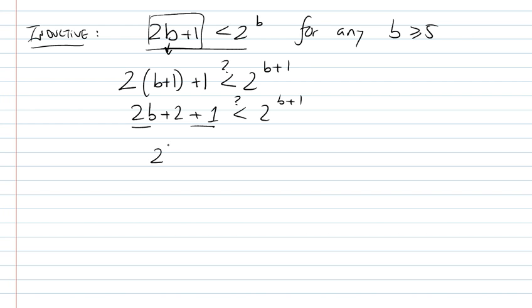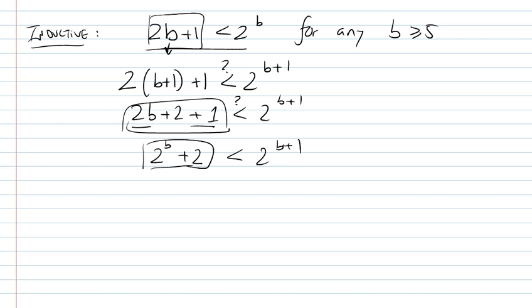So we can replace that by 2 to the b plus 2, since this is going to be less than that, and effectively we have this. The right-hand side is just 2 to the b plus 2 to the b, and this is definitely less than that, so we've proved this case.